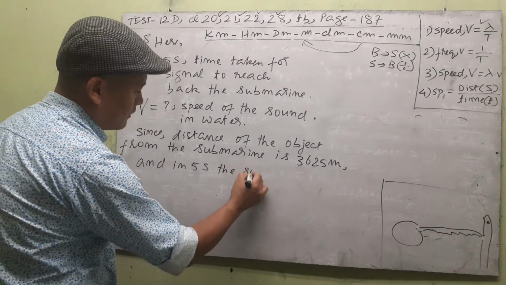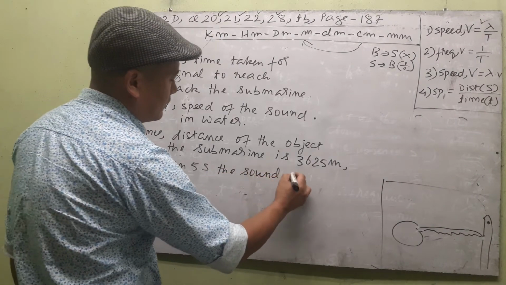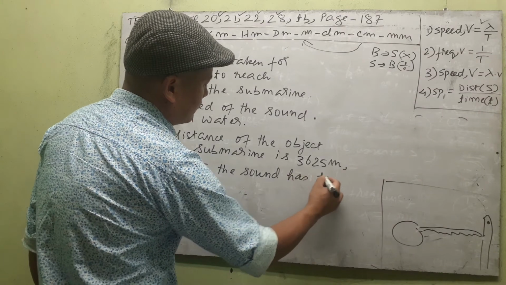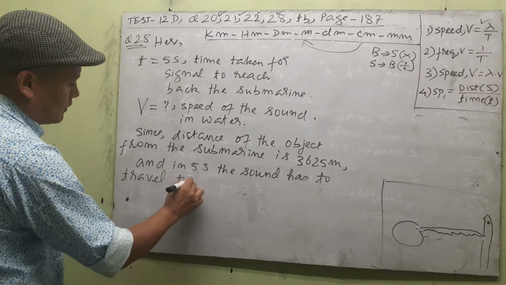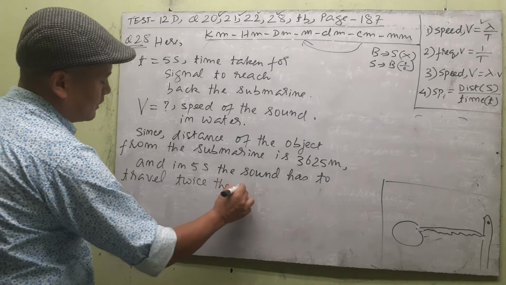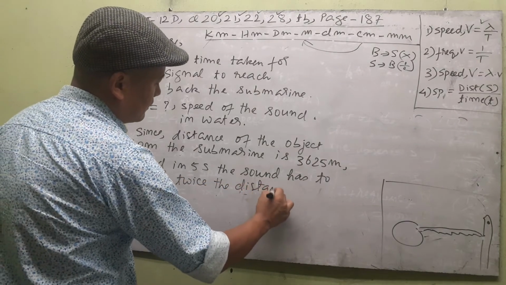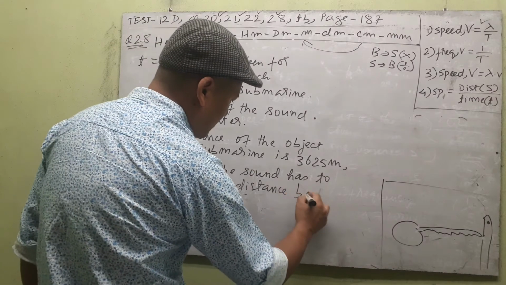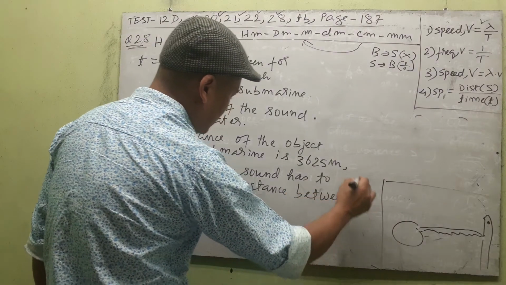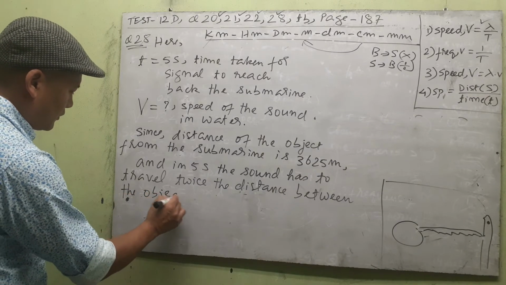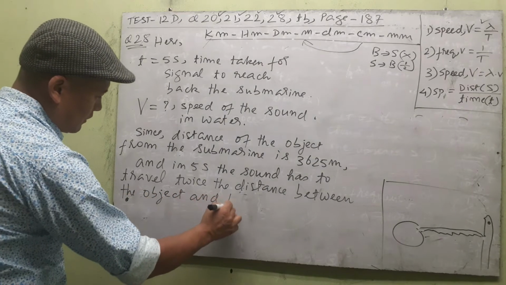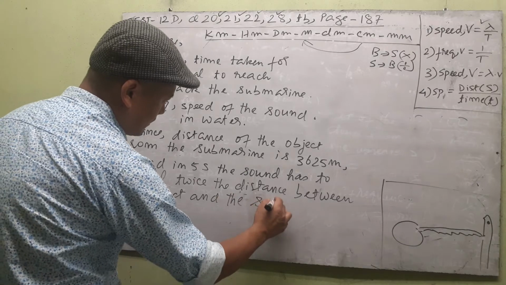Okay, and this is important, in 5 seconds the sound or the signal has to therefore travel twice the distance between the object and the submarine.